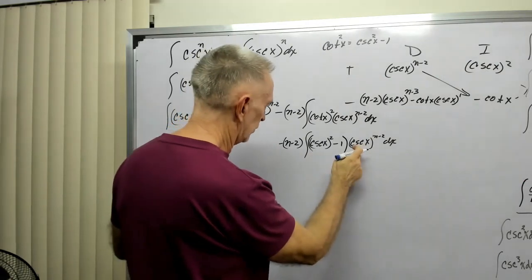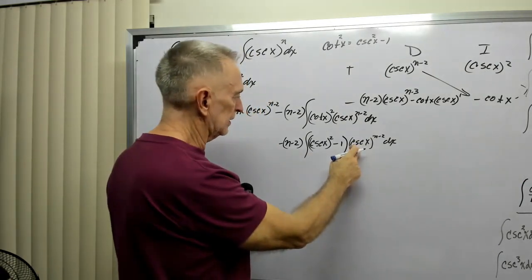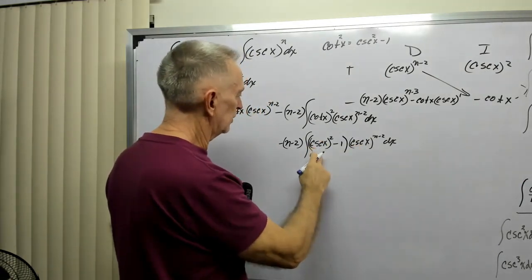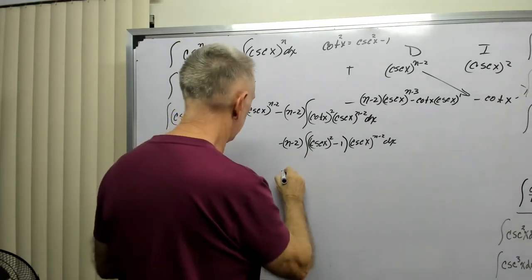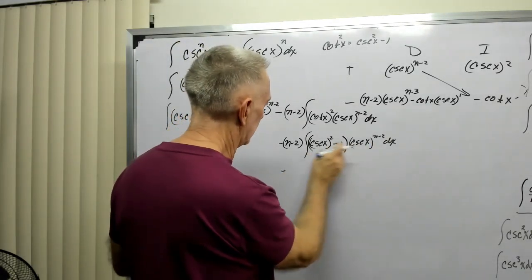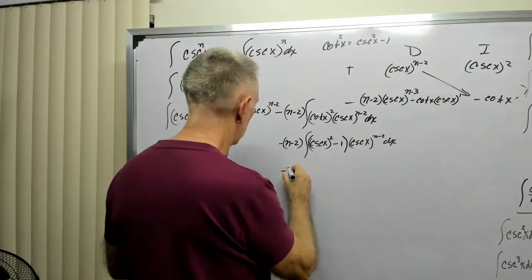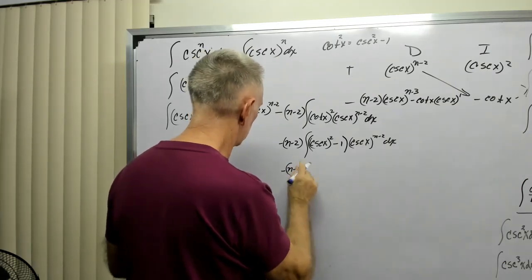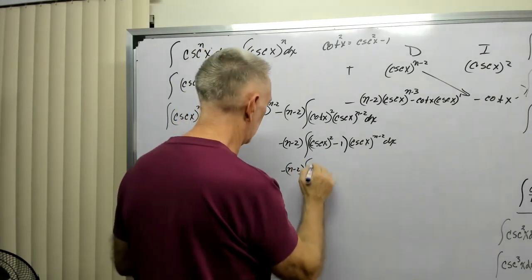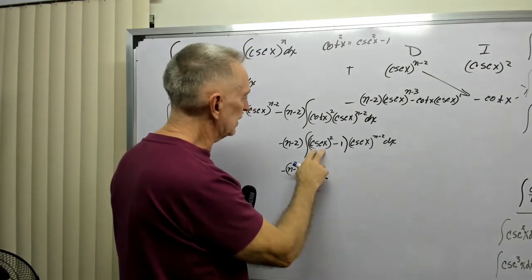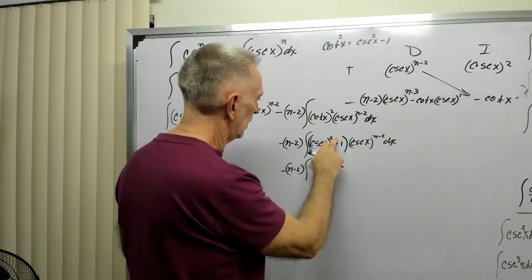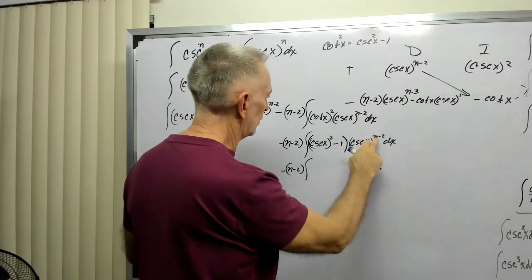Now I need to distribute this cosecant x to the inside. So I have minus, and I'm actually going to break it into two integrals. Minus n minus 2, in parentheses, times the integral of cosecant x squared times cosecant x to the n minus 2.